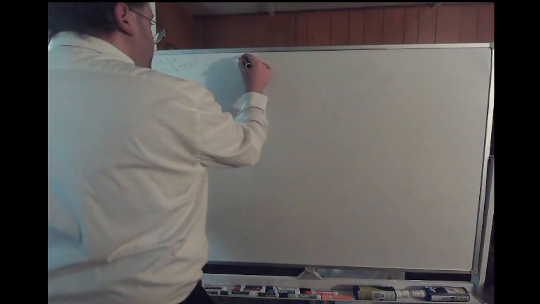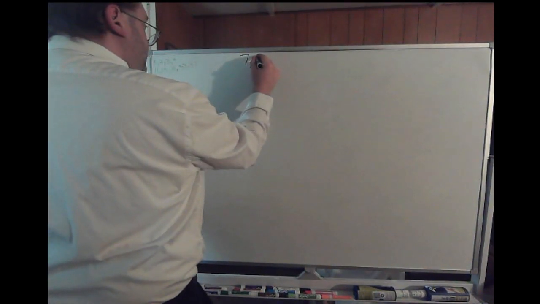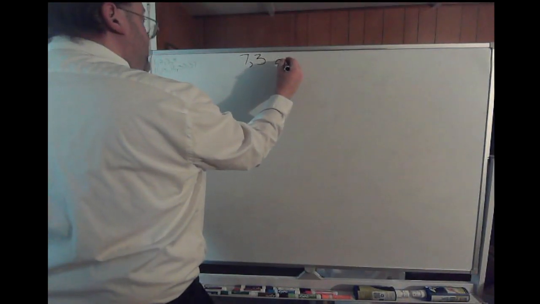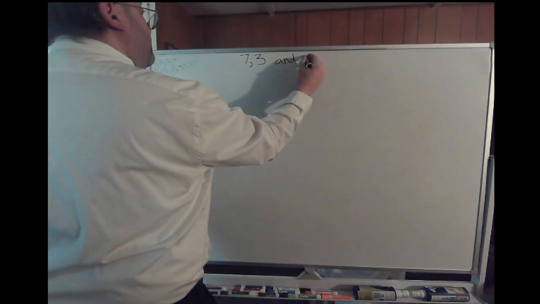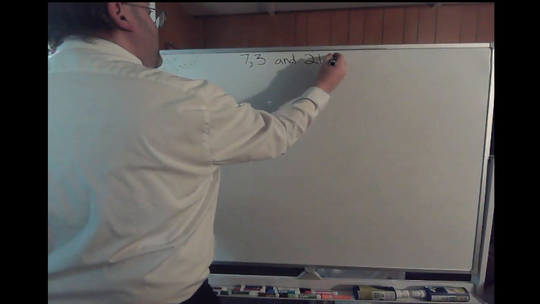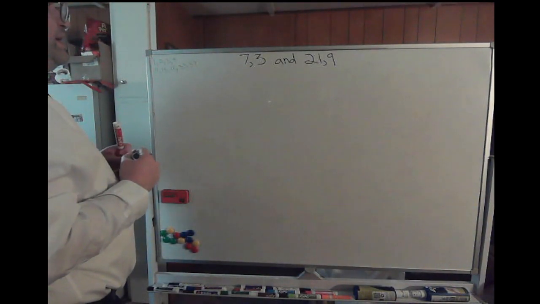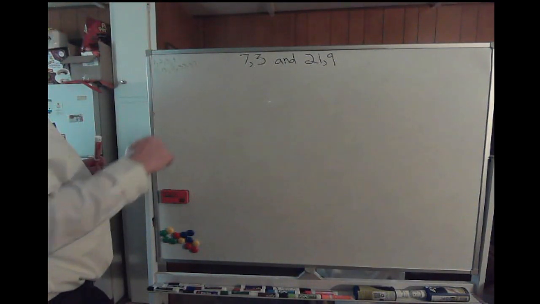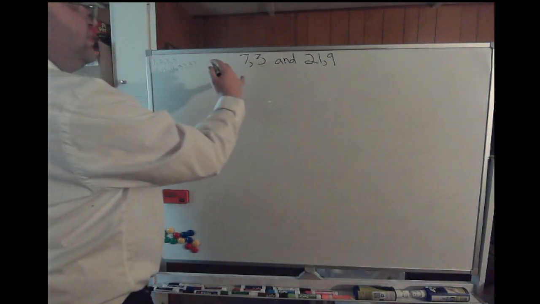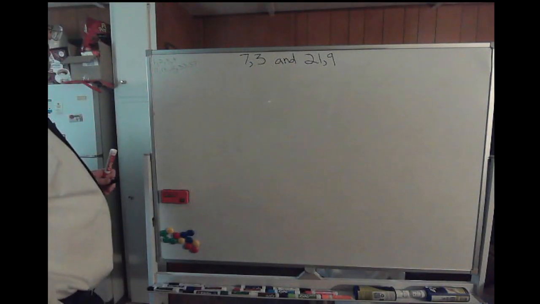Okay, let's say we have the numbers 7 and 3, and then we have 21 and 9, right? So are the pair of numbers 7 and 3 proportional to the pair of numbers 21 and 9?